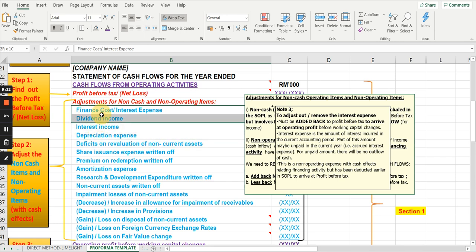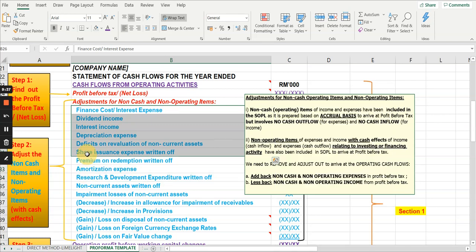The common ones are finance cost, interest expense, dividend income, interest income, and depreciation, which is the most discussed, right? But I have put a long list here for your reference. So those are the things that you might come across. It is quite an extensive list, but it is not conclusive. Okay, the non-cash items have been included.